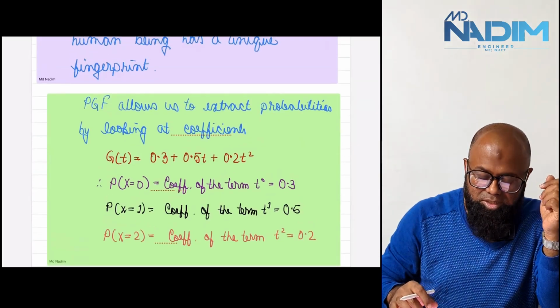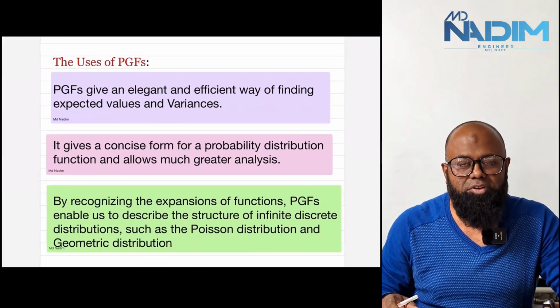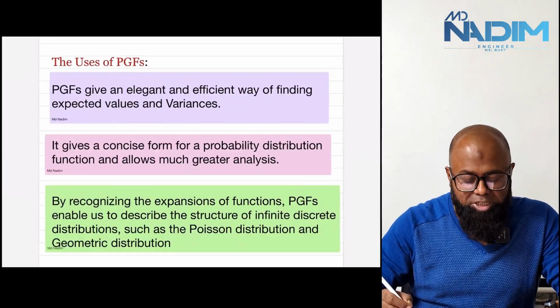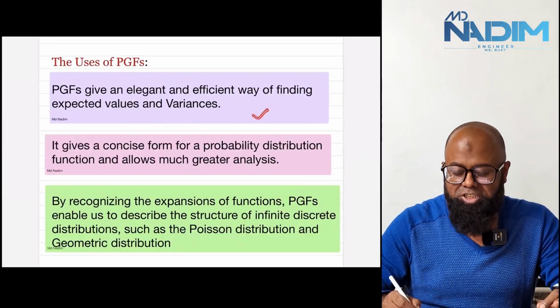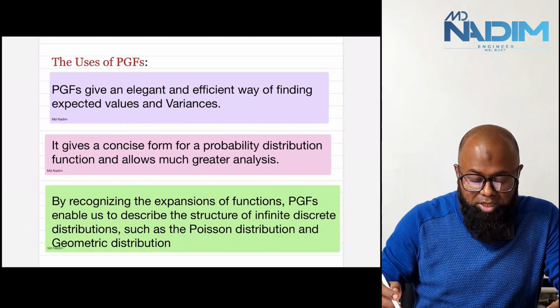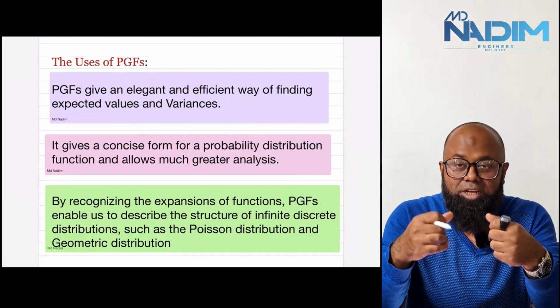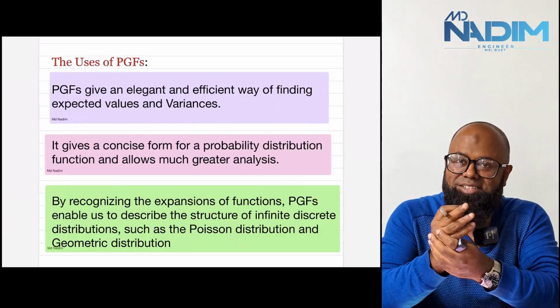Next we have to know the uses of PGFs. On the screen you can see that PGFs give an elegant and efficient way of finding expected values and variances. It gives a concise form for a probability distribution function and allows much greater analysis.